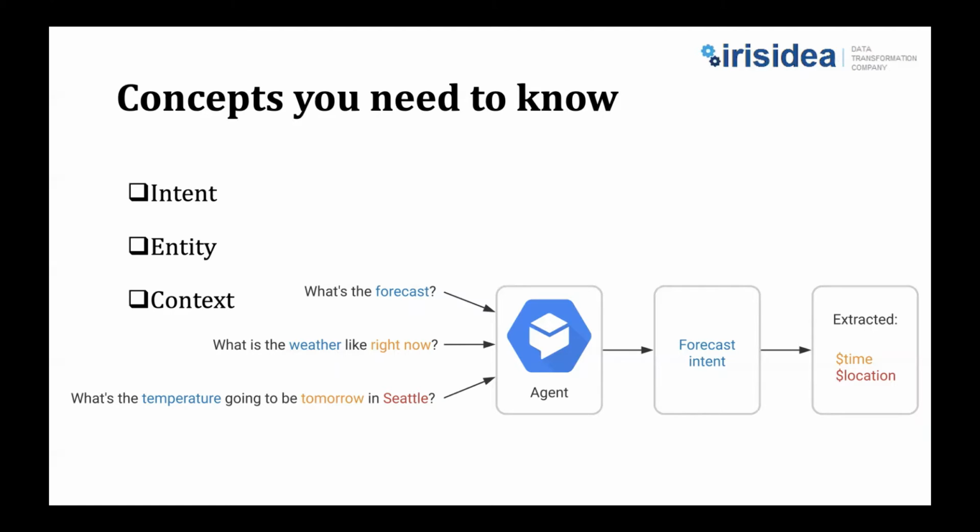When is the next session? The time and date become your entity, which is something that you or the user needs to fulfill. That is how the chatbot works, and that is nothing but the entity.